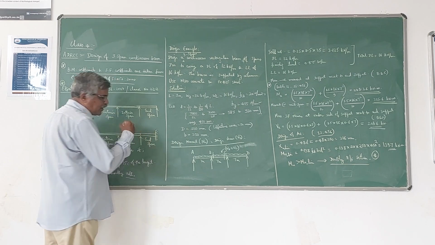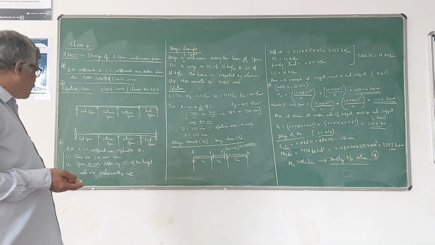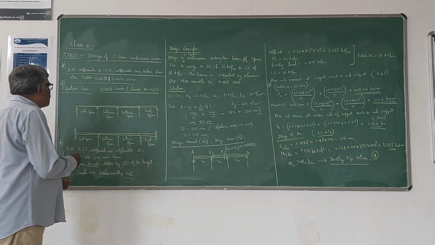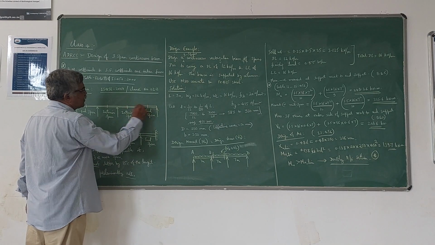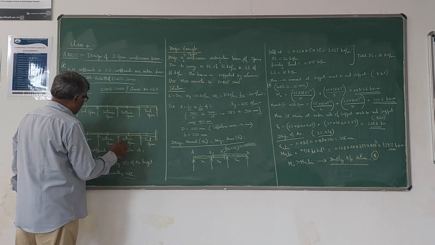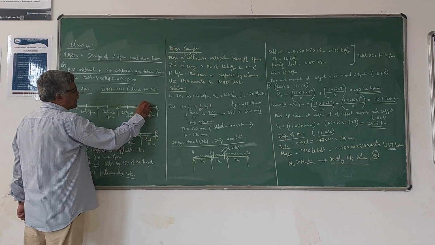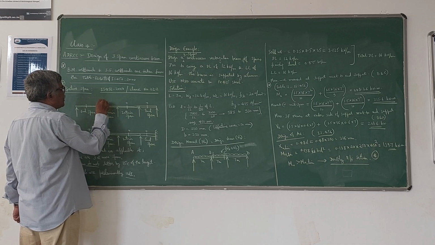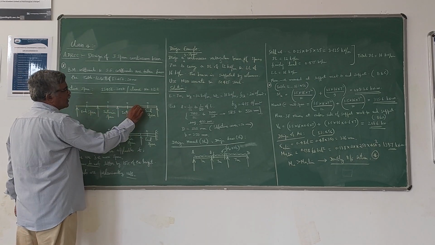You might have observed that in the case of a continuous beam, the mid-span moments are all sagging moments. That means we take them as positive bending moment. Whereas support moments are hogging moments. Support moments means here and here.